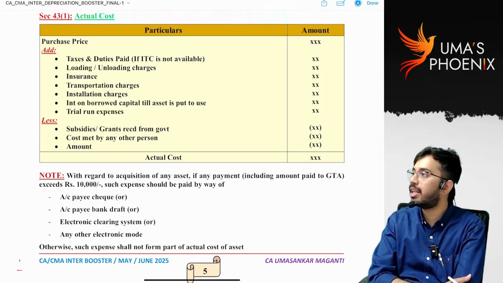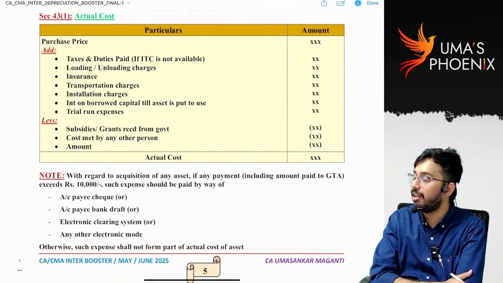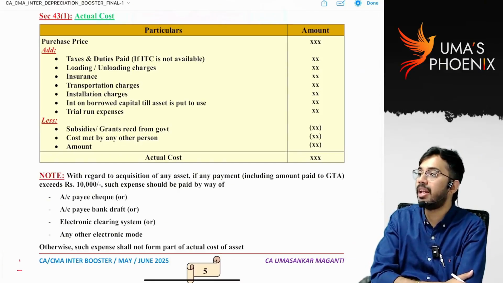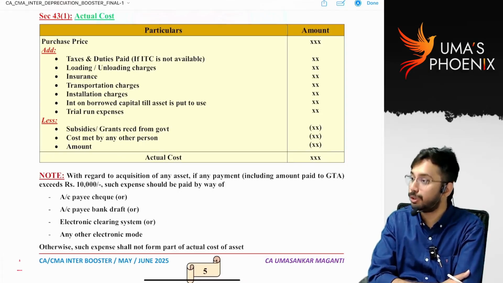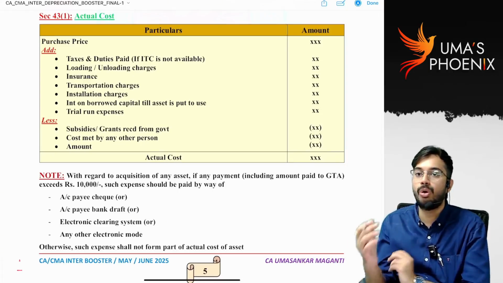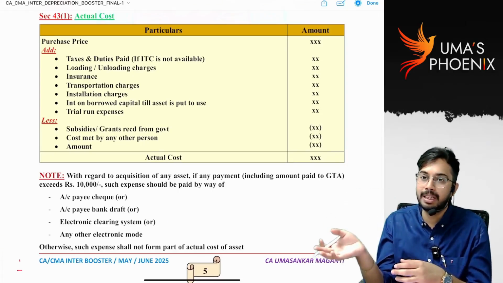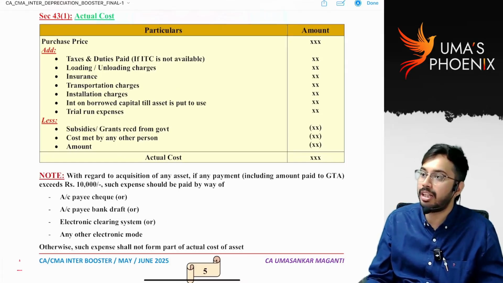From Mumbai to Hyderabad I have to bring it, and in my factory I have to install it. So for that plant and machinery there will be transportation charges, transportation insurance, carriage inward and carriage outward. To load the machinery I need to pay expense, and to unload the machinery I need to pay expense. There will be loading and unloading charges.